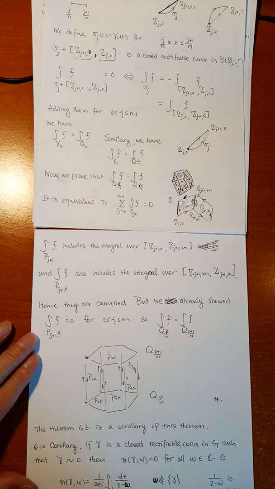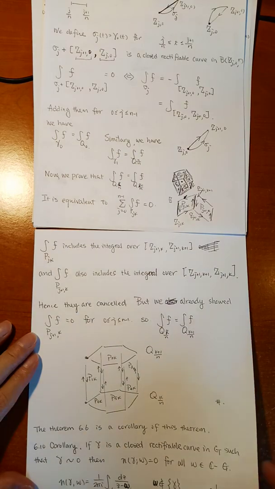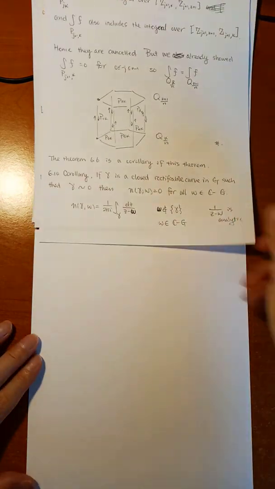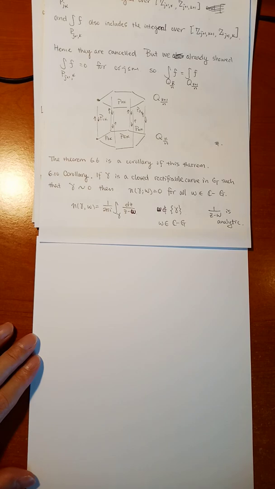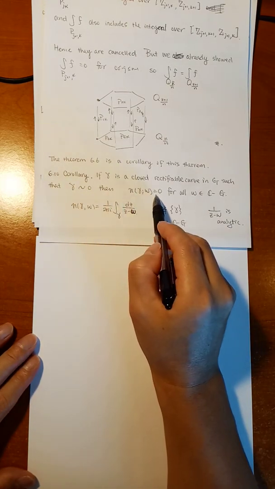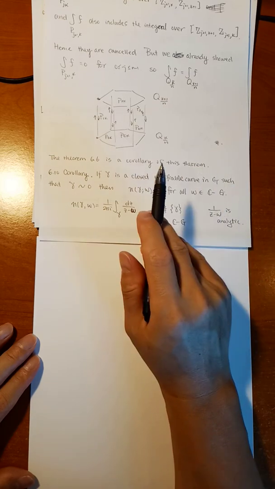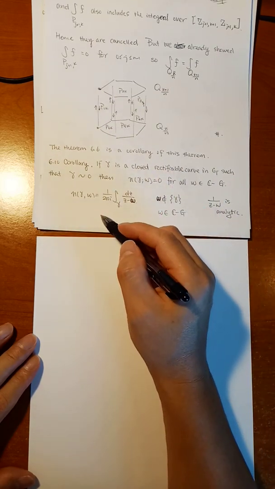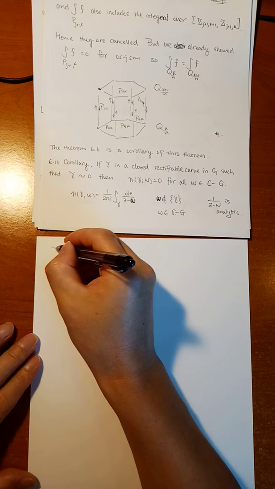So the condition of being homotopic to 0 implies the condition that the winding number is 0, but the converse statement is not true.